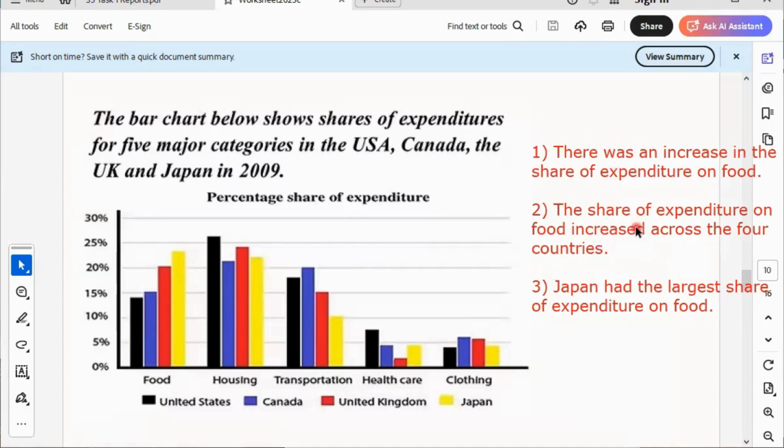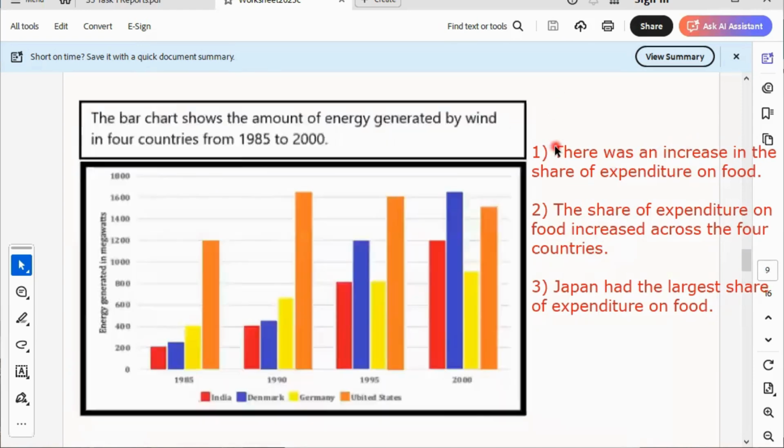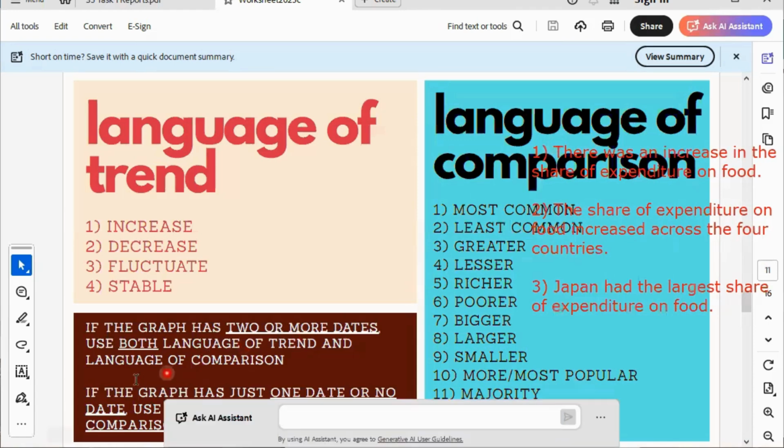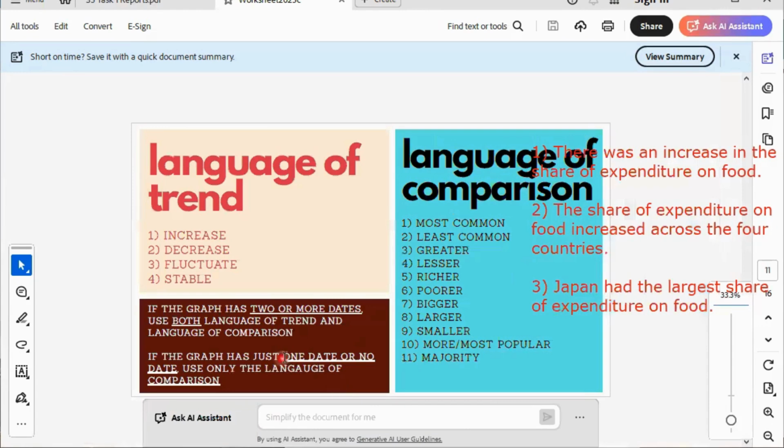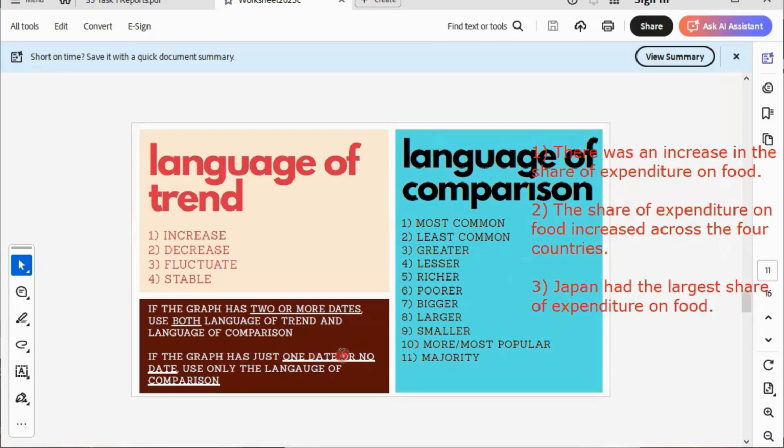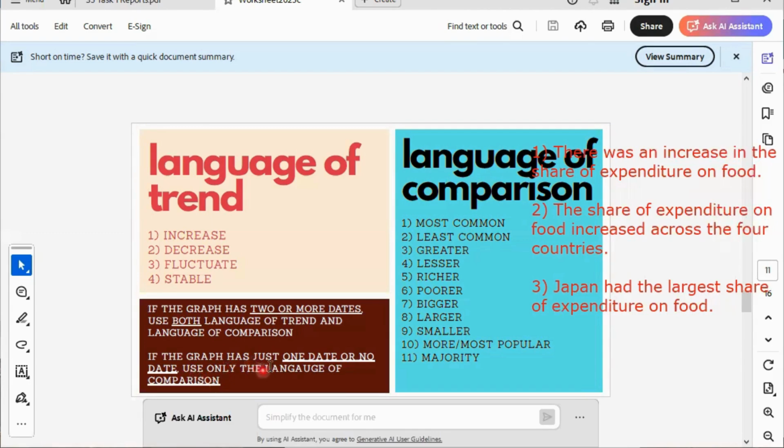Number two is nonsense. Nothing increased. Can you see the language of trend that they are using here? That's what I said earlier on. Whenever your graph has just one date, please take note of this. If your graph has just one date or it doesn't have any date, use only language of comparison.